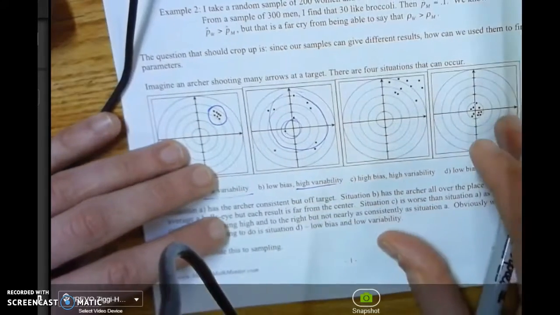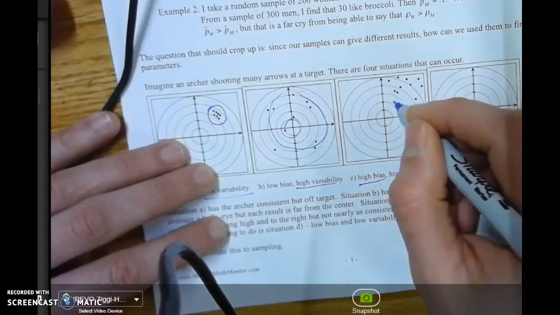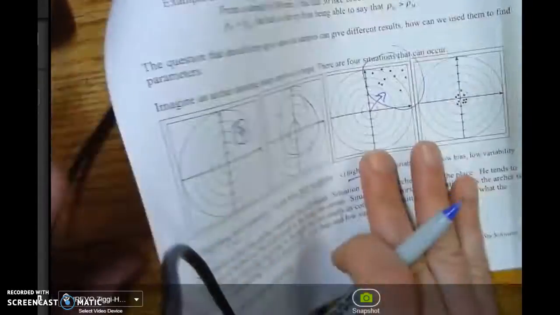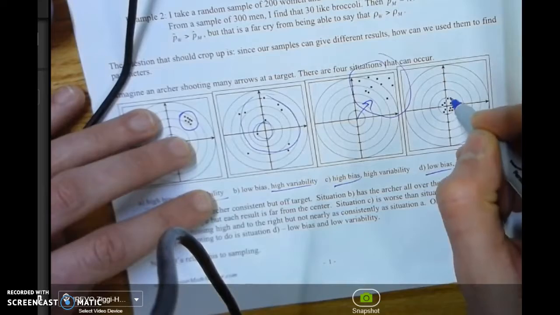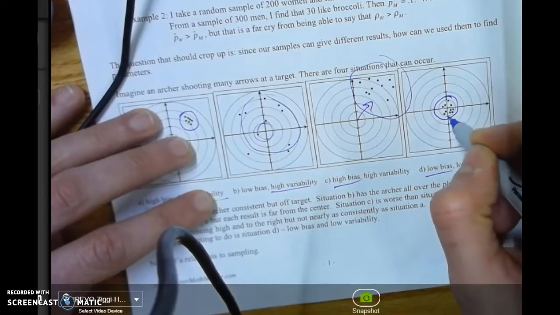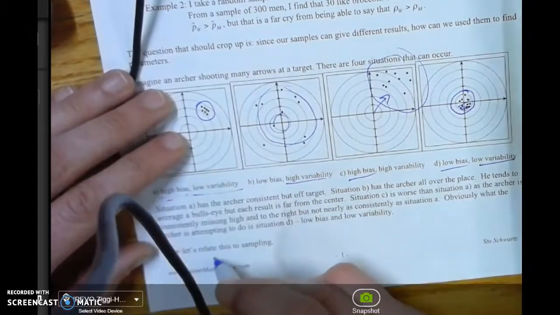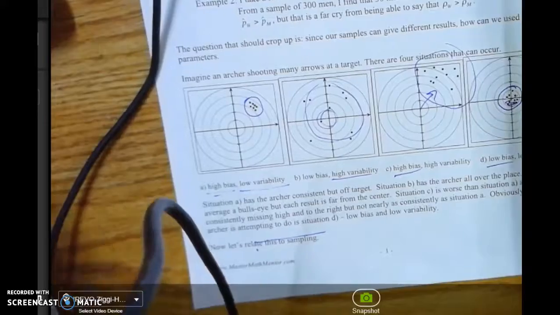In our third scenario, we have high bias, being far away from our target, and also variability, spread. In our fourth scenario, we have low bias and low variability, which is what we hope for. We're around the target and our data is close together. Those are the four basic scenarios we encounter with bias and variability.